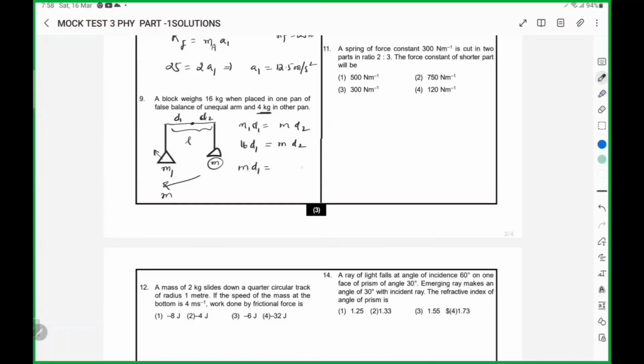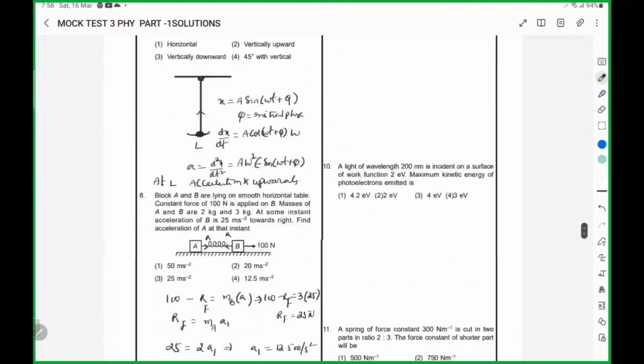That is, M D1 is 4 D2. From these two, dividing one by the other, you get M square is 64. The original mass will be 8 kg.